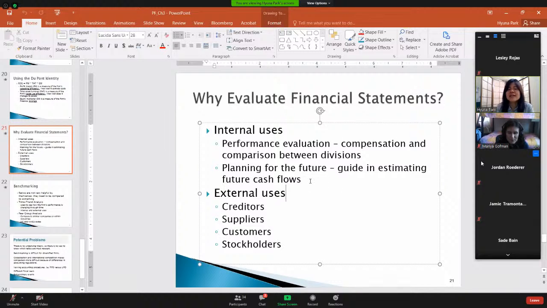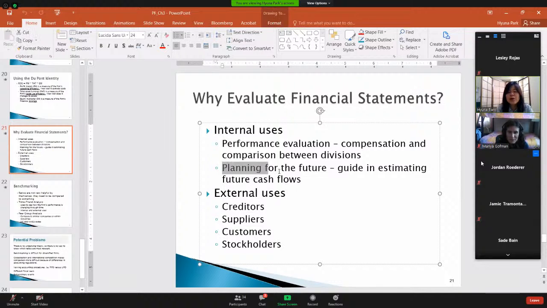The Target CEO may want to look at each business unit's profitability, for example profit margin, and each business unit's total asset turnover. Or the CEO may want to see, are we okay? How much leverage are we using? So internal use is to make better decisions, performance evaluation.